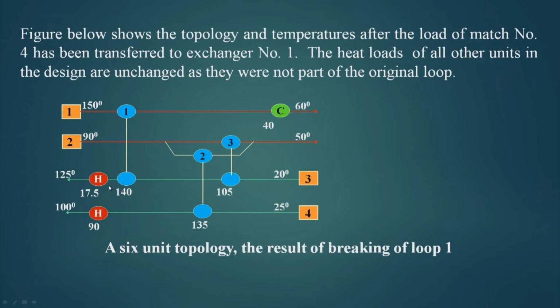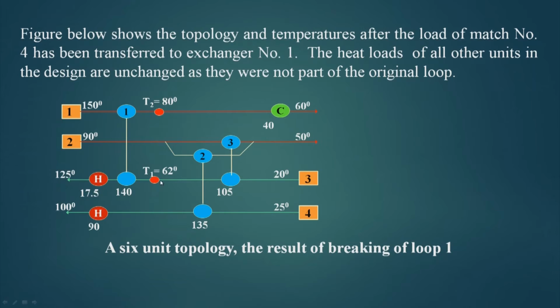I have removed a heat exchanger from here. The figure below shows the topology and temperatures after the load of match number 4 is removed. The heat loads of all other units in the design are unchanged, as they were not part of the original loop.